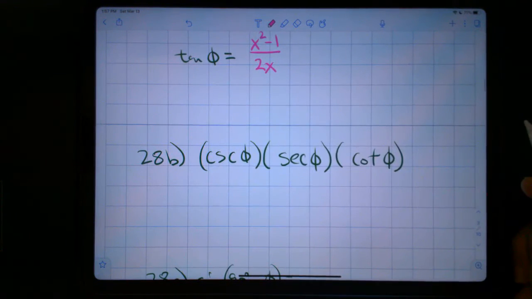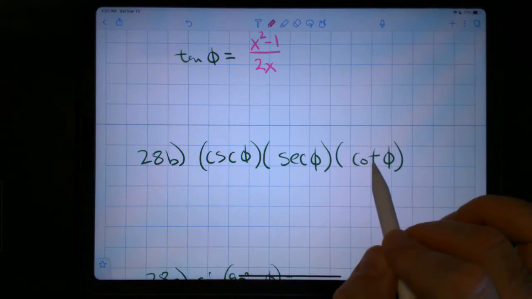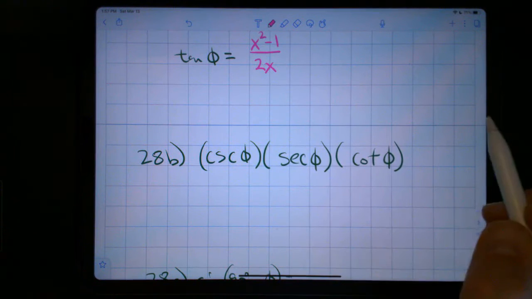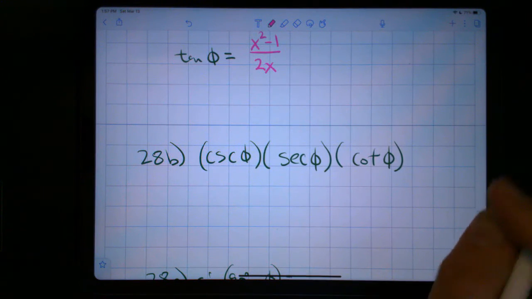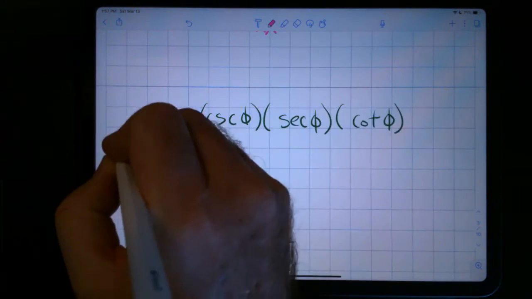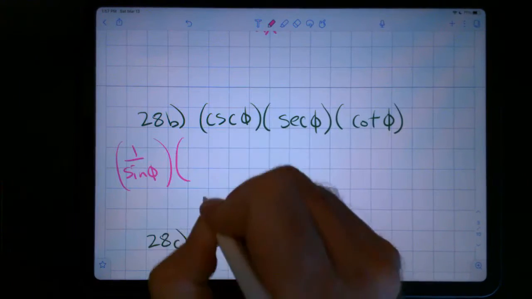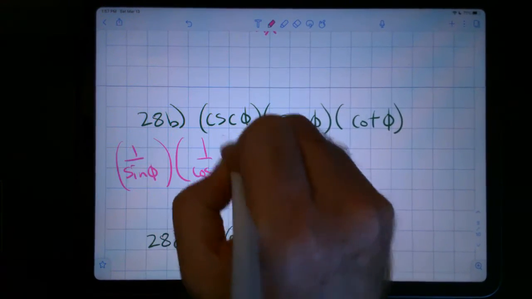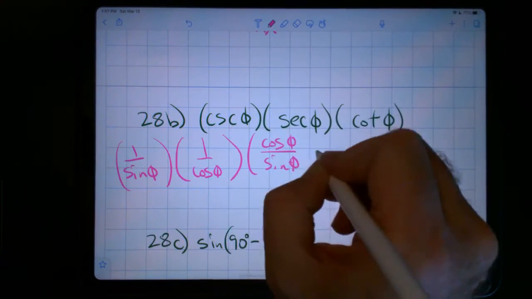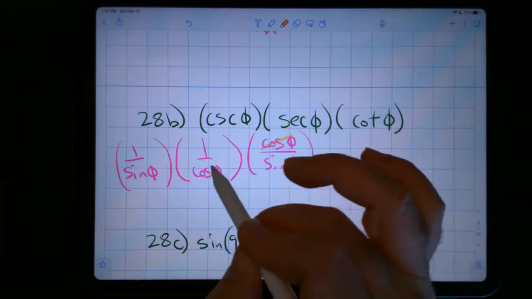Okay. So now we need cosecant of phi times secant of phi times cotangent of phi. Let me clean that up a little bit because that looks troubling. So here the cosines simplify out.